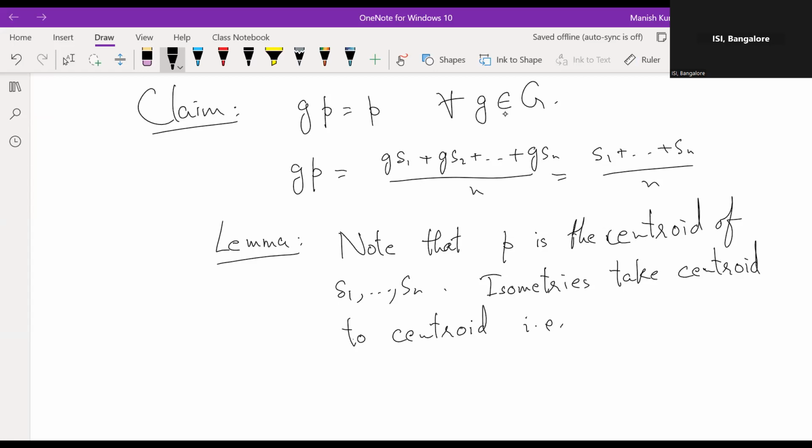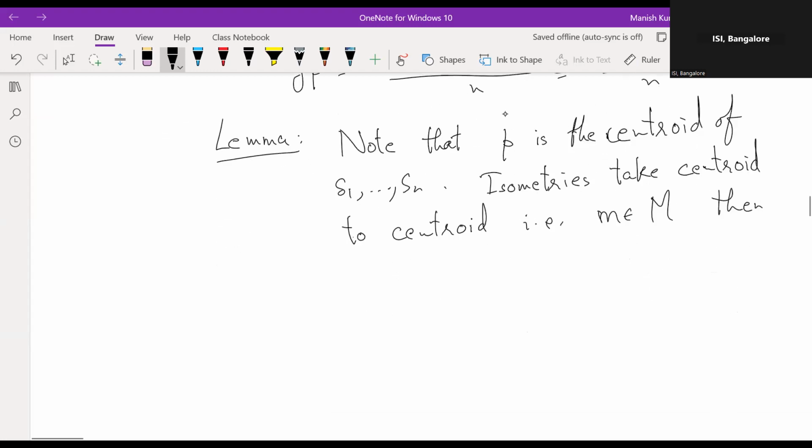So what it means is that if M is an element of M, which is an isometry, and P is the centroid of S1 to Sn, then MP is the centroid of MS1 to MSN.